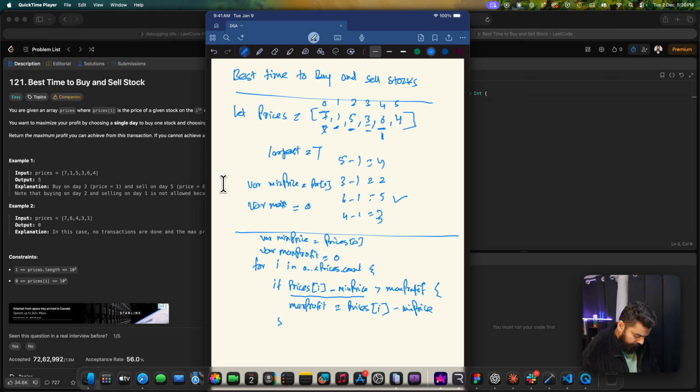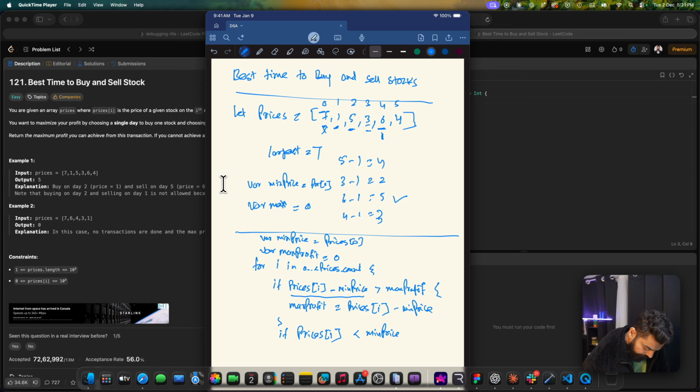And one more condition we need to put here. If again prices i is less than my min price.